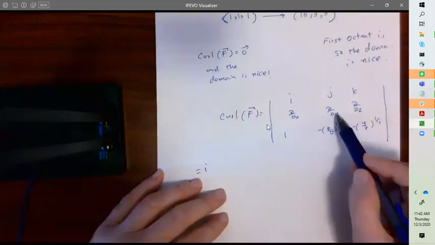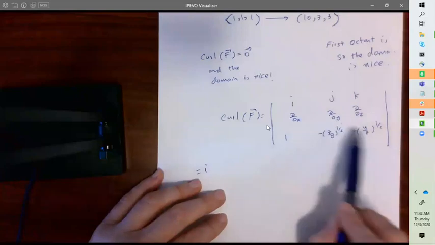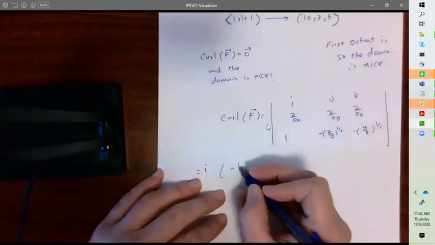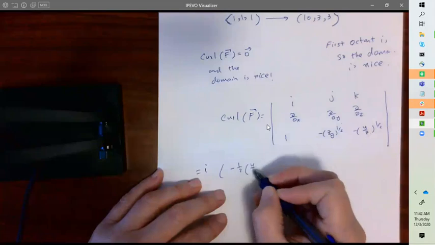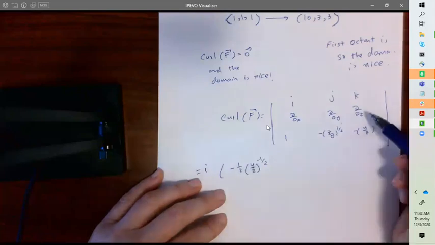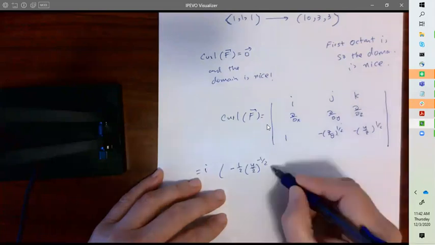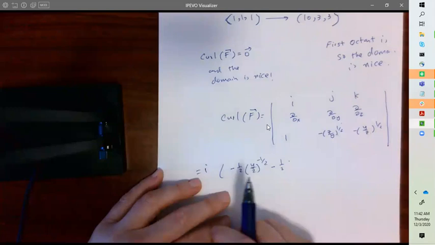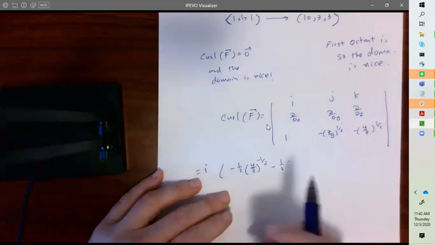What I get is the partial with respect to y of that, which is negative 1/2 (y/z) to the power negative 1/2. Then partial of this with respect to z, and that would be negative 1/2. Oh, I did something very wrong, didn't I?